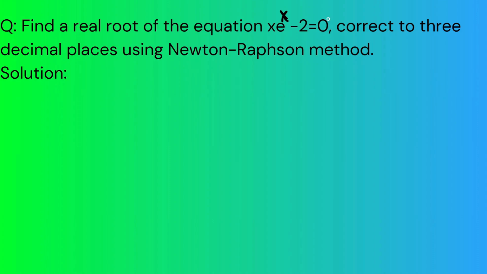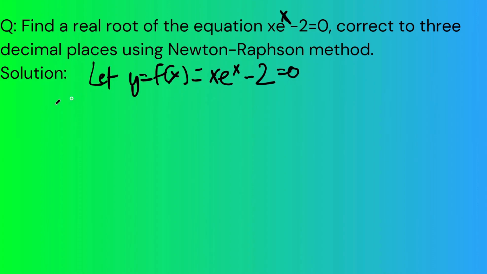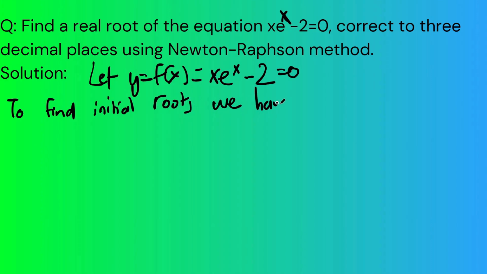So the solution is, please remember, let f(x) equal to e^x minus 2 equal to 0. To find the initial root, we have to guess.